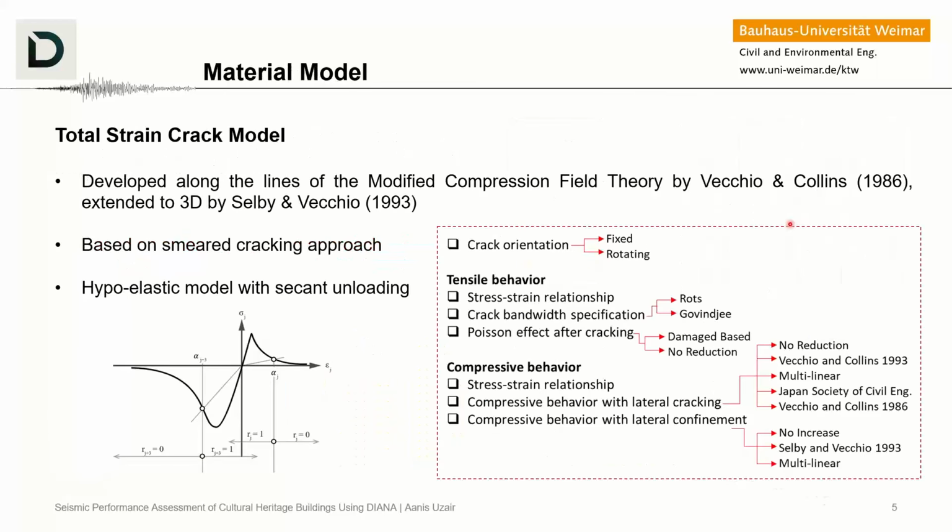Now, regarding the material model, there are options in Diana that can be used. For example, we have the engineering masonry model, which can be applied to shell elements.